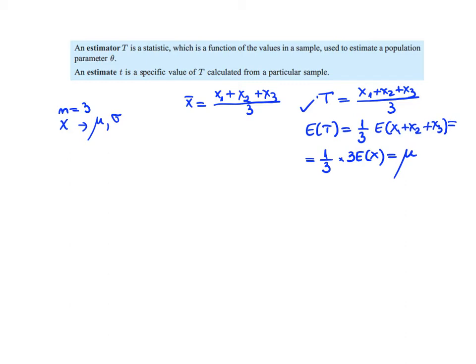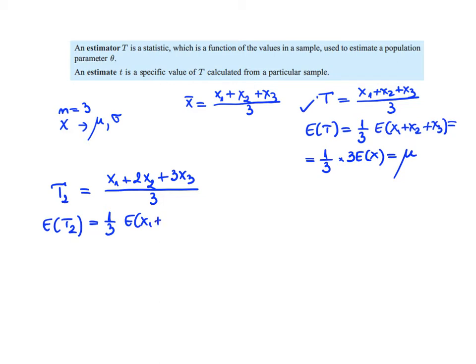What if I want to change my rule and I want another estimator, let me call it T2, to be (x1 + 2x2 + 3x3)/3, for example. Assuming I want to estimate the mean heights of all people in Hong Kong, and I take a sample of size 3, x1, x2, x3, and then I add the height of x1 plus 2 times the height of x2 plus 3 times the height of x3. Will my estimator do a good job? So if I calculate E of T2, I'm going to get 1/3 times the expected value of x1 + 2x2 + 3x3.